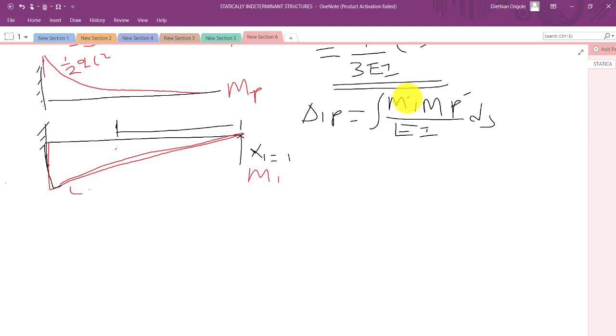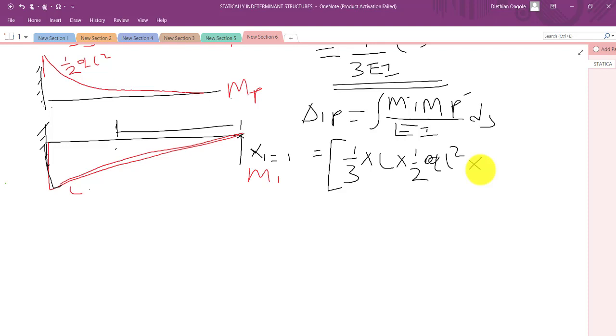So delta 1p would be equal to, open the brackets, we only have one shape, that curved line that is also part of our basic structures. Its area is given by a third BH. B is equal to L, from here to here, times its height, a half QL squared, then times the position of the center.